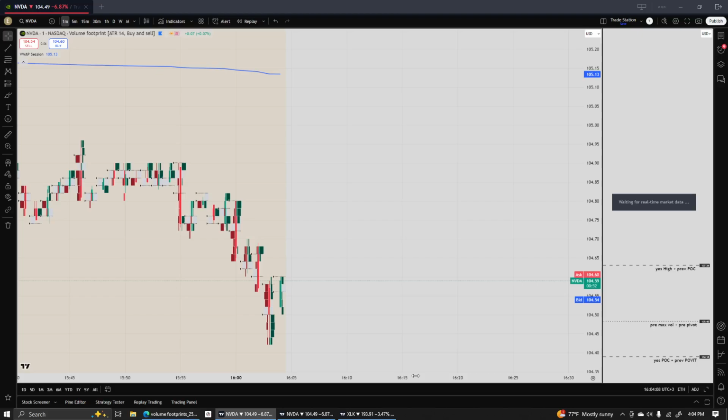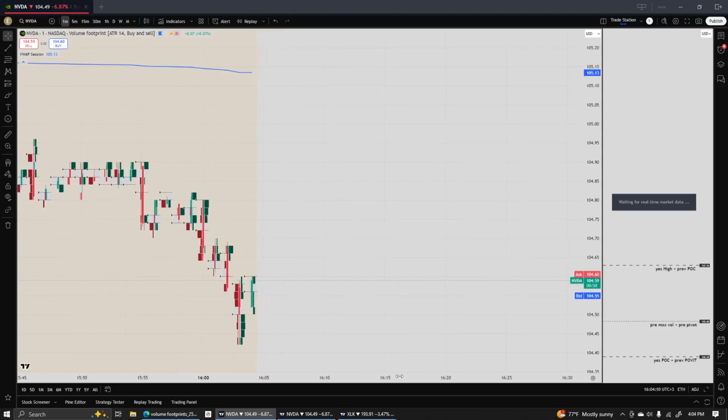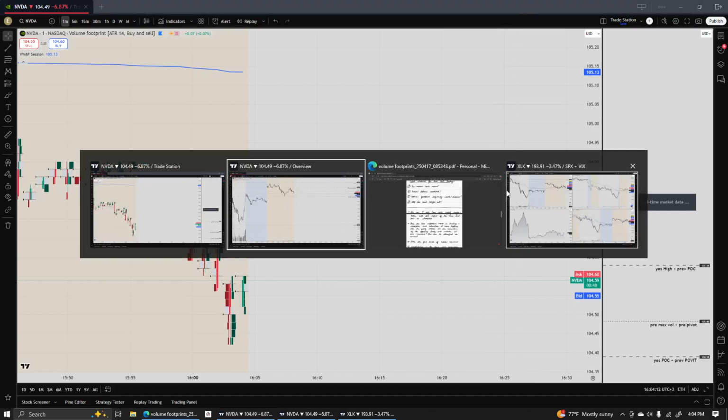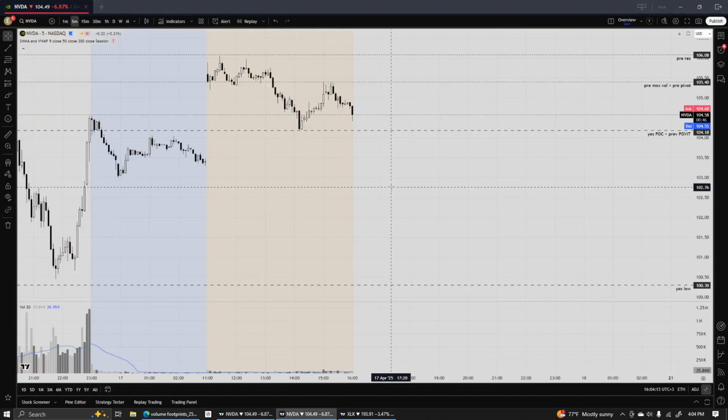We need to develop a bias, and we need to trade that bias. One of the most common terms in trading is plan the trade and trade the plan. So let us think of the possibilities that can happen today and plan for them.